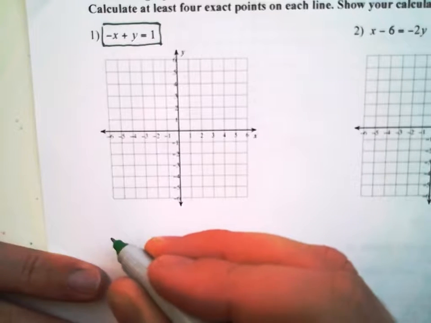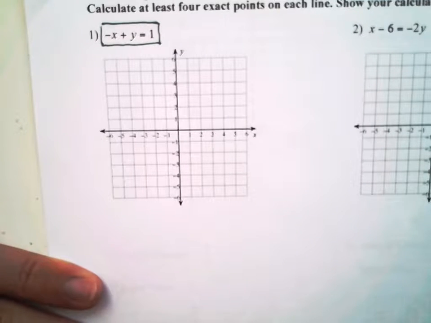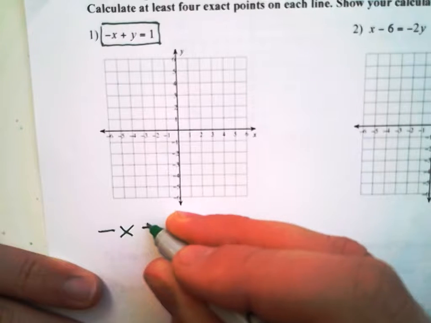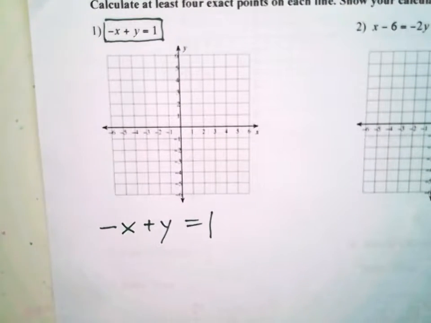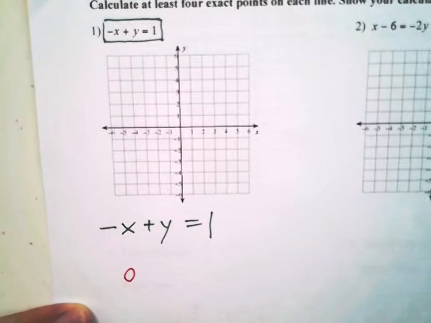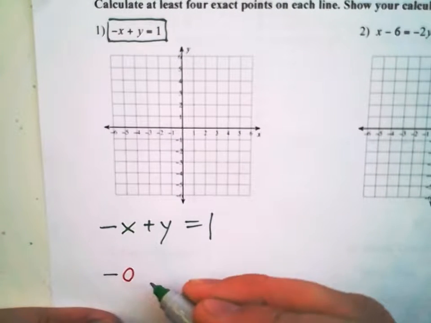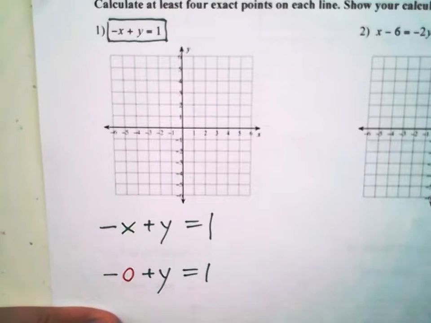Okay, so let's see what happens. I'm going to copy this equation down here. What happens if x is, let's try 0. If x is 0, then we got negative 0 plus y equals 1.